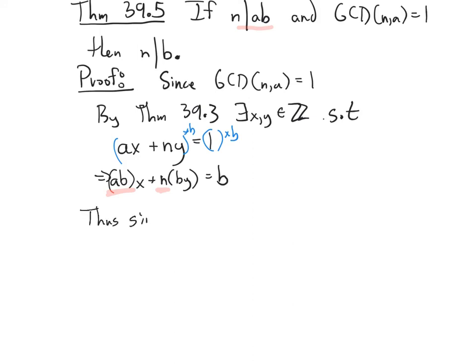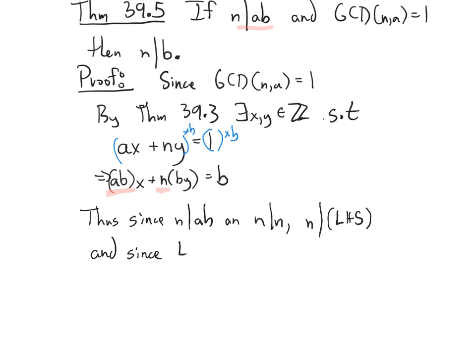Thus, since n is a factor of AB and n is a factor of n, n is a factor of the entire left-hand side. But since the left-hand side equals the right-hand side, but the right-hand side is b, well, n is a factor of b, and that's what we wanted to show.